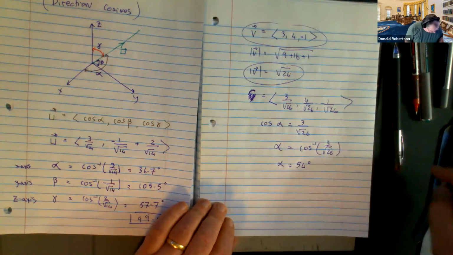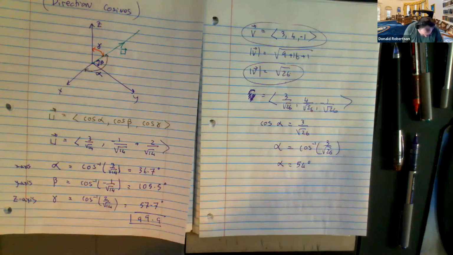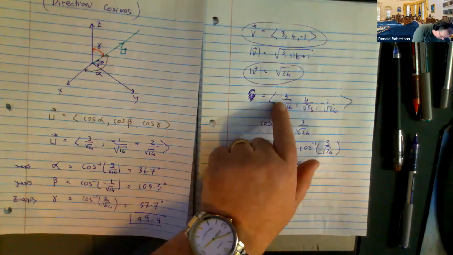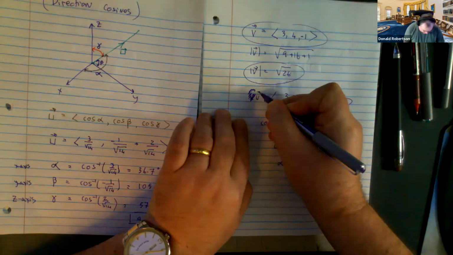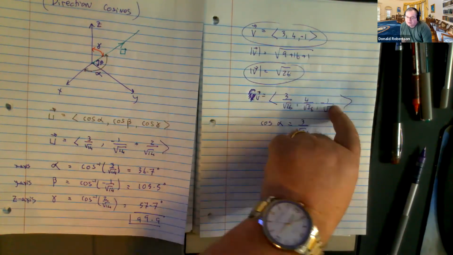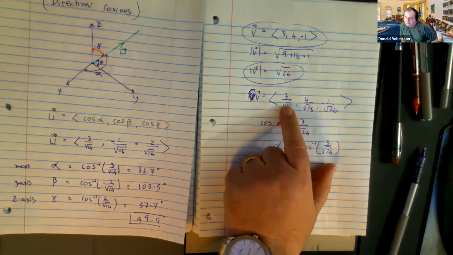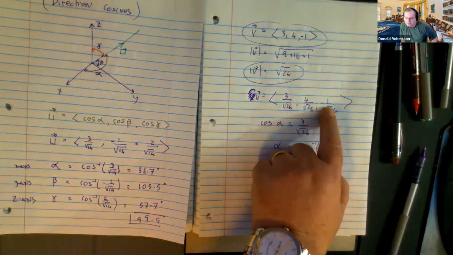That's kind of interesting to me. If you have a unit vector, that's this one here, let's call it U. Contained inside its components isn't the information that tells you the angle it makes with the X, Y, and Z axes, right? Contained inside here is essentially the same information, right?